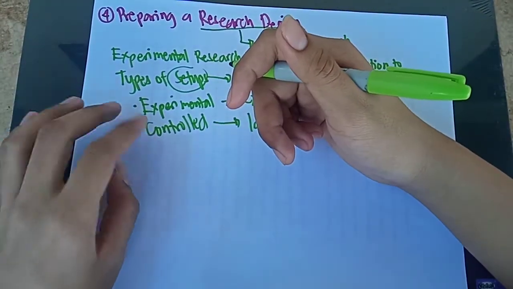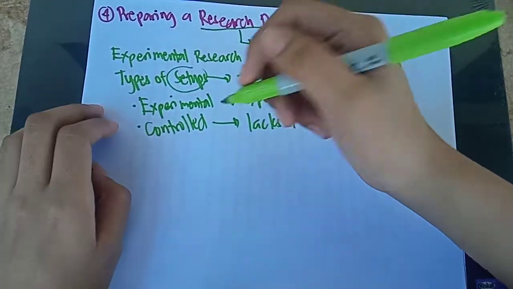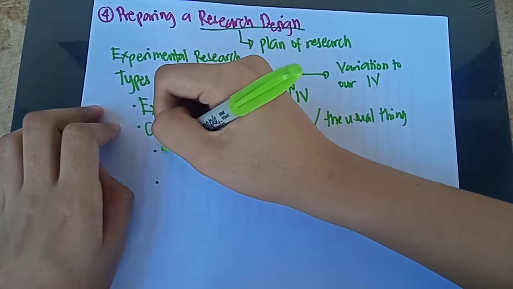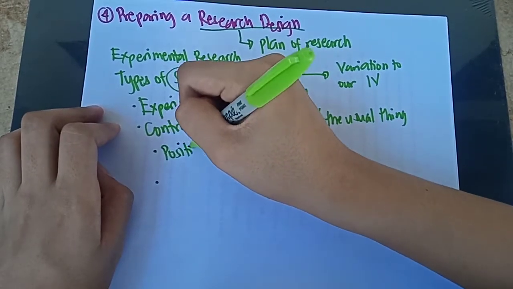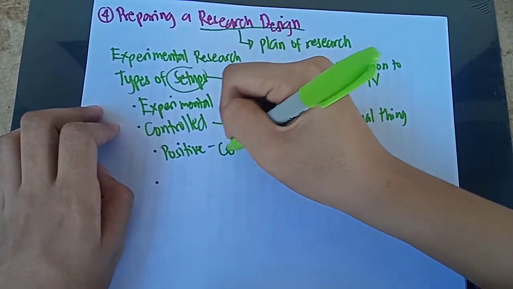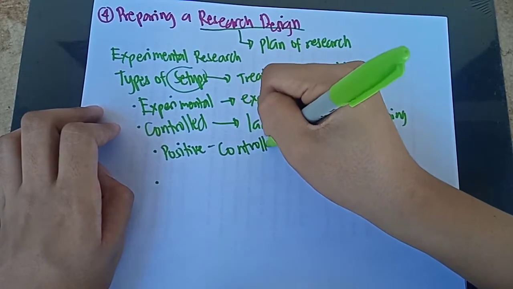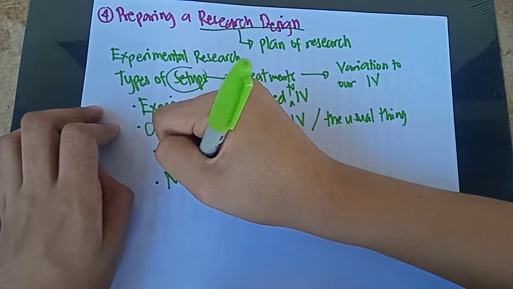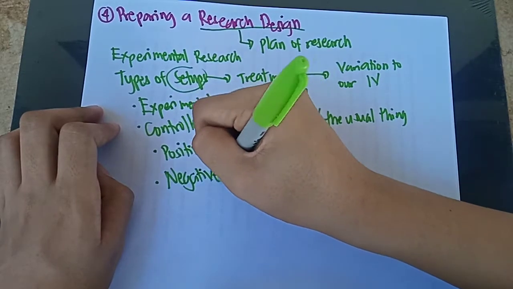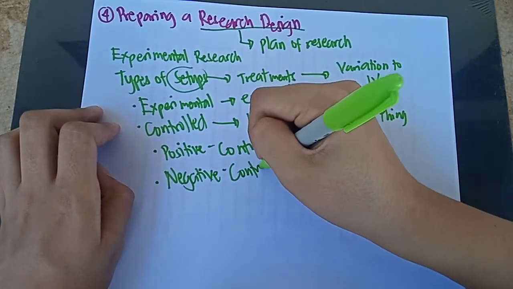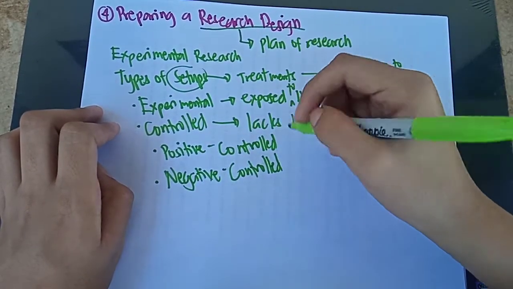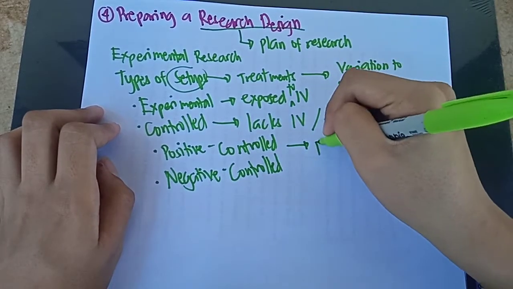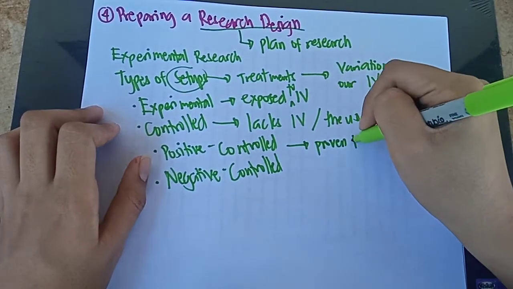So, in controlled setups, we have two types. To subdivide into two, we have positive controlled setups, and we have negative controlled. So, in positive controlled, these are the setups that are proven to be effective.